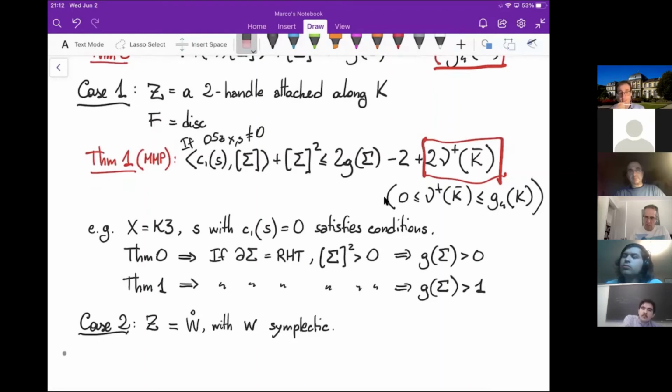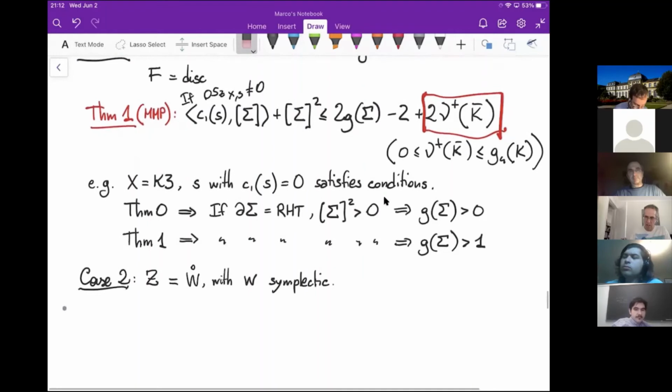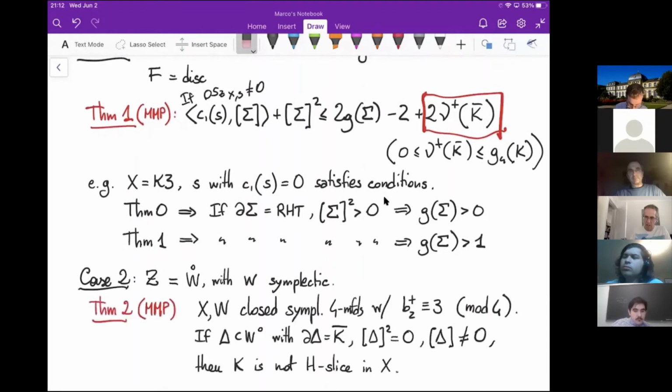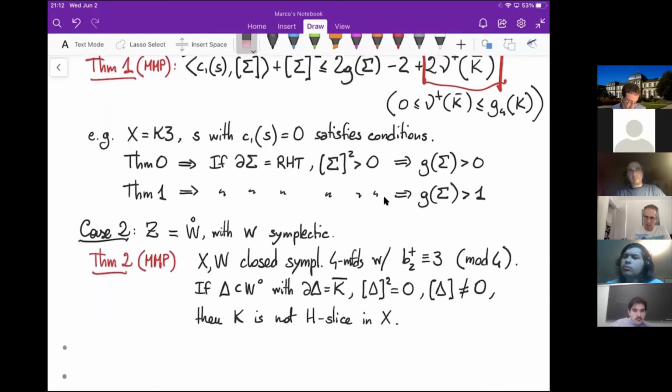In this case, we choose Z to be a symplectic four-manifold minus a four-ball. And the theorem that we get is the following. Suppose that X and W are closed symplectic four-manifolds with b2 plus congruent to 3 mod 4. This ensures that the Ozsváth-Szabó invariants are non-zero.